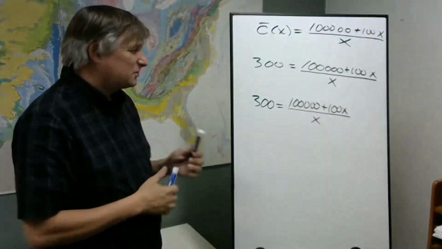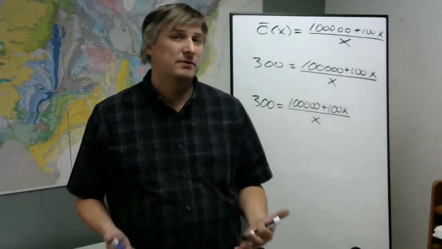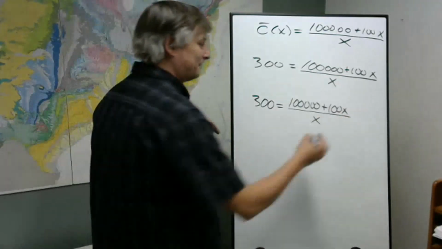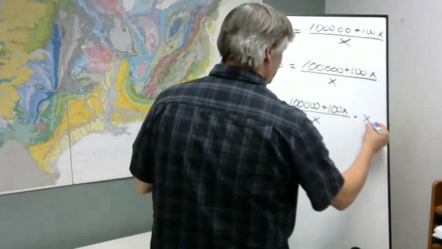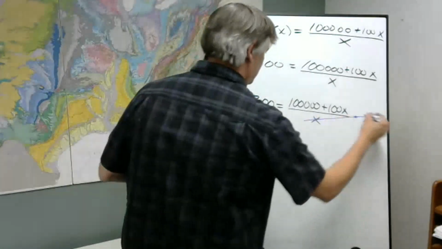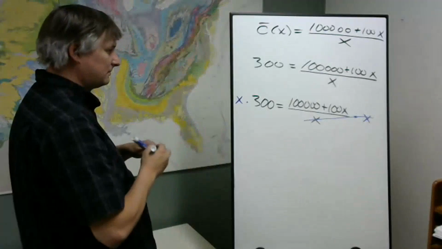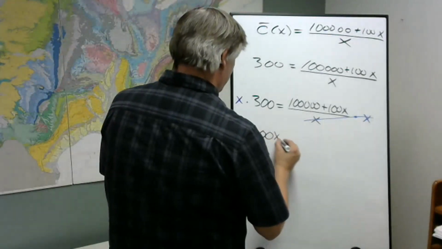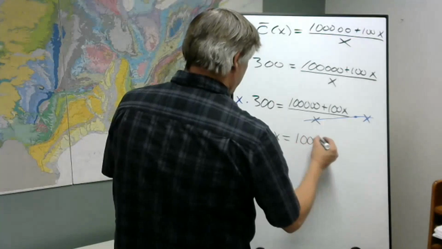Well, the easiest way to solve for x is to get rid of the denominator. Multiply both sides by x. So we get 300x equals 100,000 plus 100x.